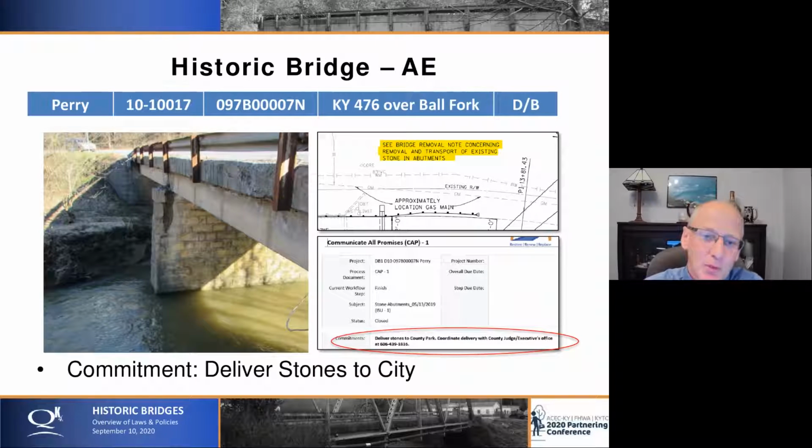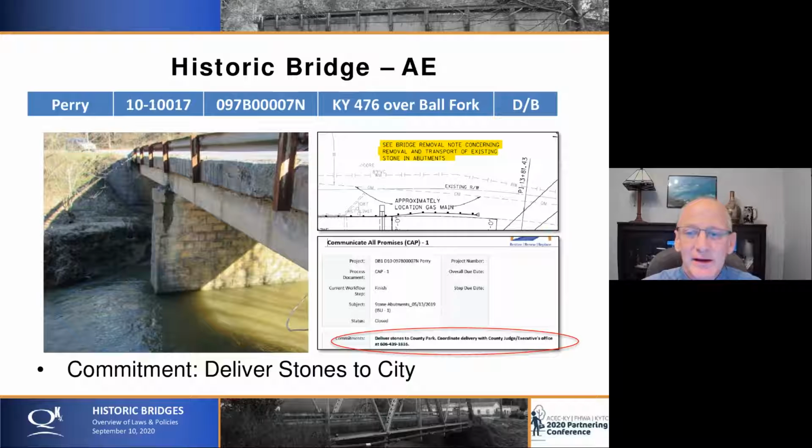Here's an example where we're going to lose this bridge because those really cool stone piers and abutments, which are, I think, WPA constructed, have lost their integrity. They have huge cracks in them. But we met with the county judge executive and other people through the 106 process, and they said, hey, we would love to have these stones and fold them into our trail system in our park, which is about 5 miles away.